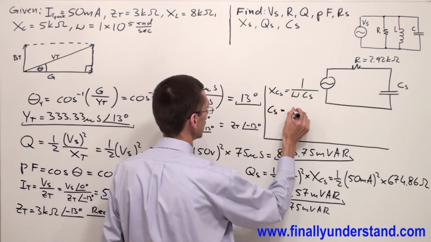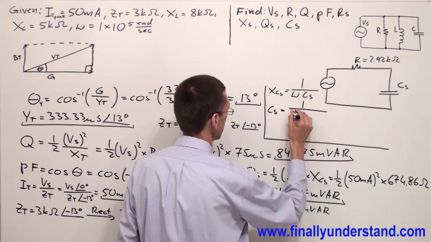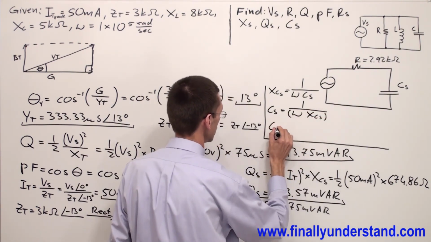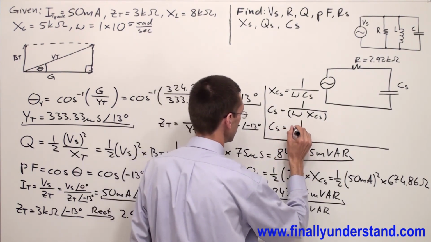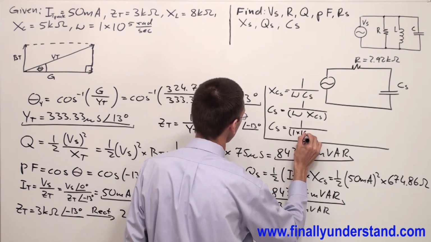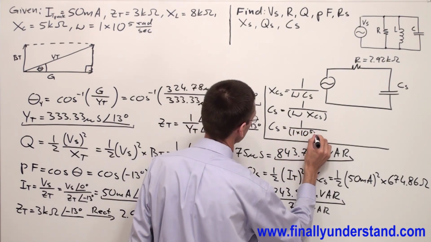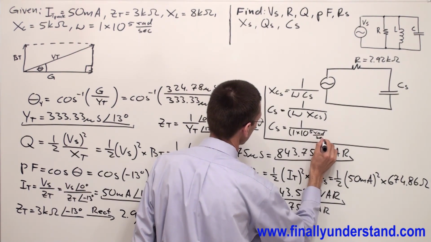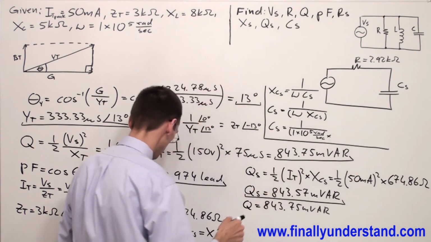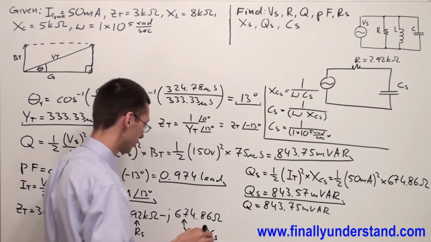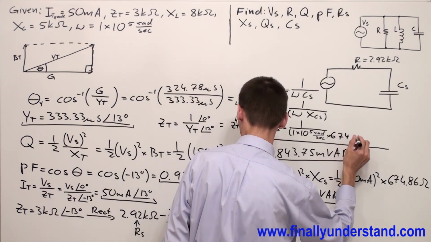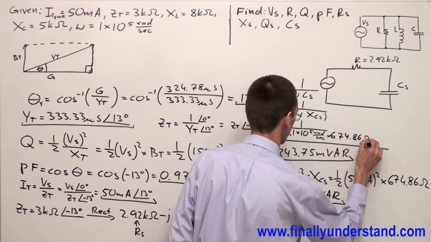Cs is equal to 1 divided by omega, 1 times 10 to the 5th, of course, radians per second, times X of Cs, which we found is equal to 674.86 ohms.